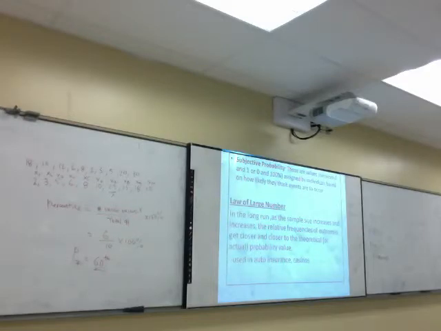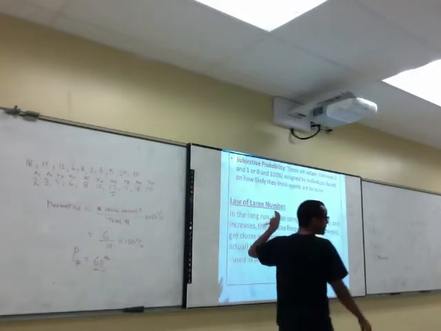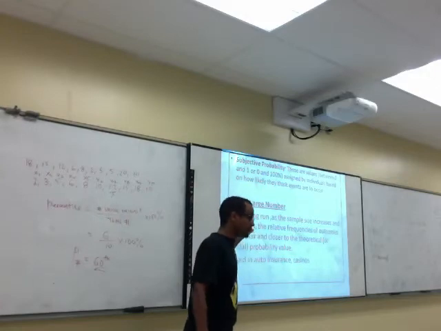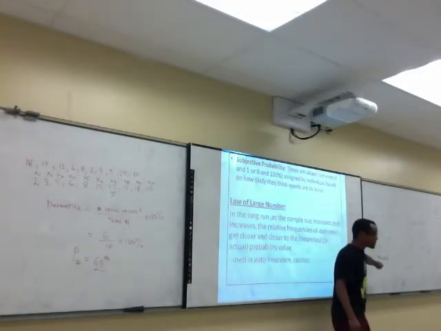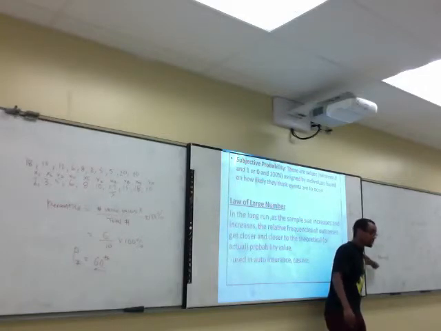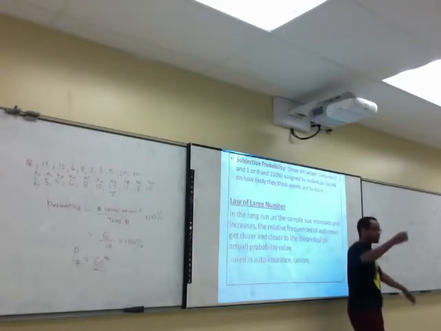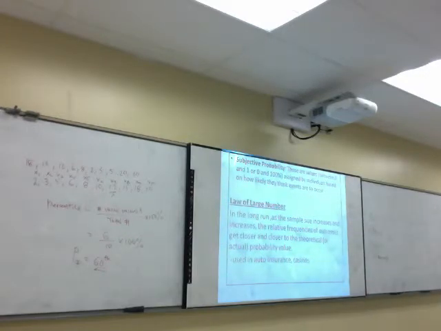So the idea of the law of large numbers, especially when it comes to probability, says that if you increase your sample size, or the number of experiments you perform, to a very, very large number, you should get the theoretical value of that probability. The theoretical value of me getting either head or tail is 50%.